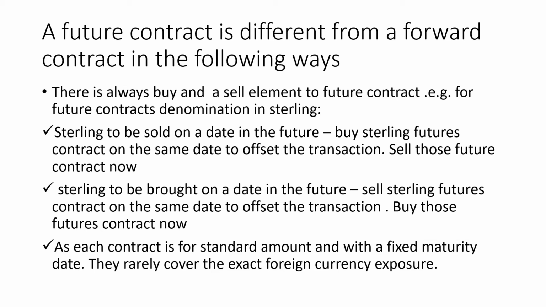If you want to buy sterling on some date in future, what you will do is you will buy the sterling contract on the same date on which you want to sell that sterling, and in order to offset the transaction, you will buy the sterling contract on the same date. Then after that you can sell those future contracts.